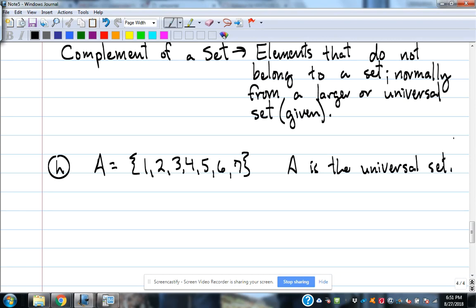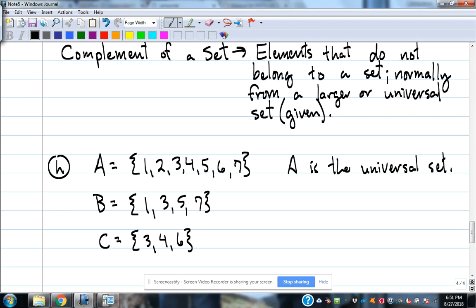I'm declaring that. I'm telling you that. That's the universal set. Nothing else. Set B is 1, 3, 5, 7. Set C is 3, 4, 6.